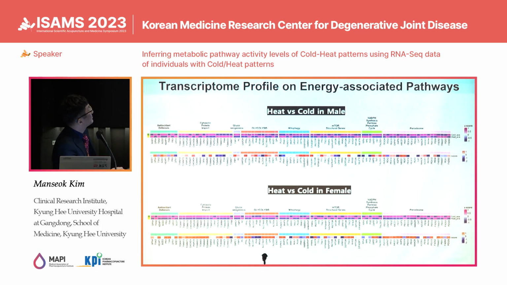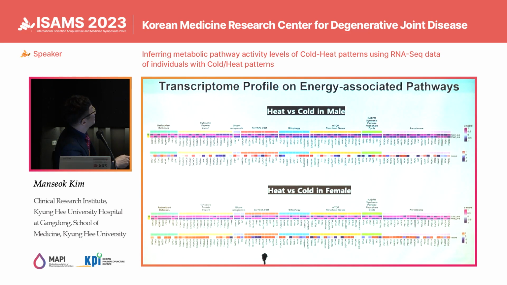We still have pathways directly associated with energy metabolism. Glycolysis, unfortunately, doesn't really show a clear pattern between heat or cold. And for mitophagy, based on this pathway, we can guess how mitochondria are being used efficiently or effectively. However, again, it doesn't really show a clear pattern between heat and cold.